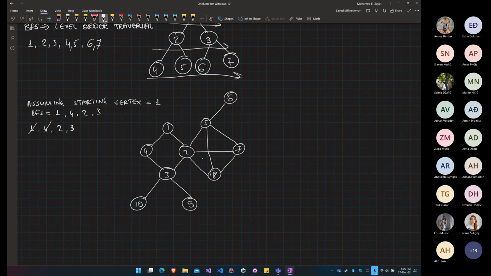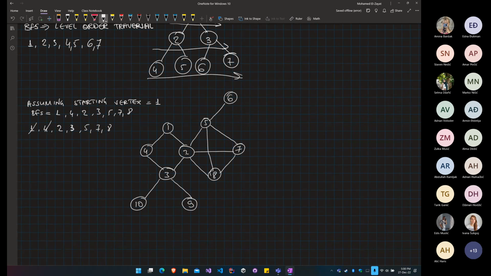We still have 8, 5, and 7. You can pick up whatever order you like, because this is an undirected graph. So I'll go this way: 5, 7, 8. I keep forgetting to push these, so hang on, 3, 5, 7, and 8. I'm just traversing the graph, nothing more.